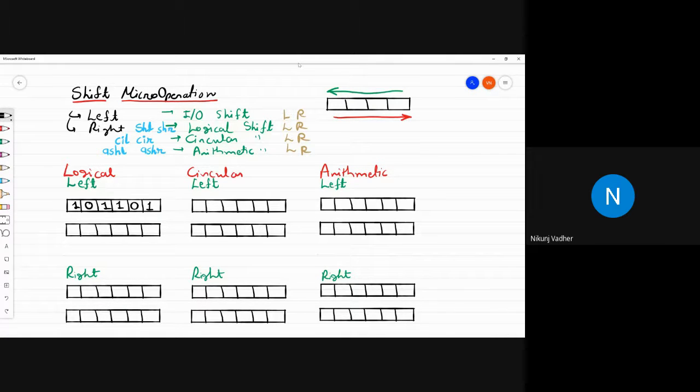What will we do in left shift? We will shift the bits in the left direction. Let me show you how it will be done.